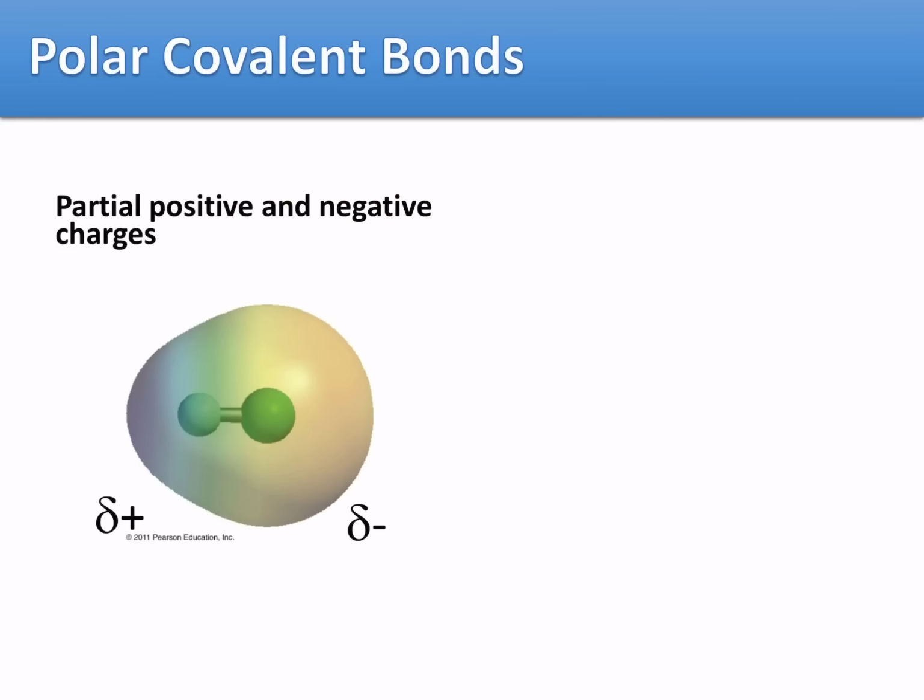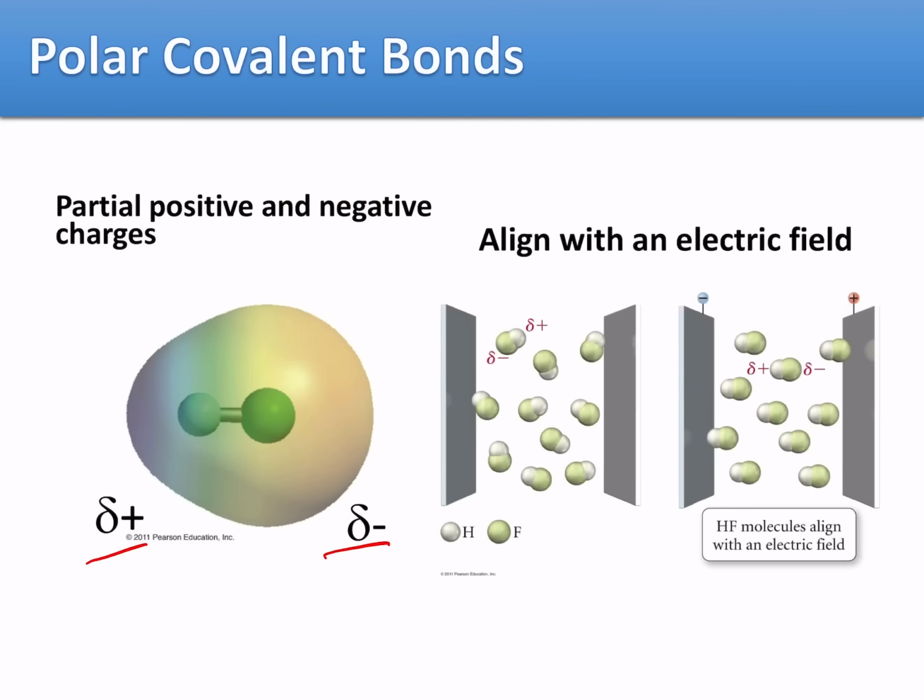Now, these polar covalent bonds, remember, partial negative charge, partial positive charge, you are creating a dipole. Think in terms of you are creating a magnet. And what's special about this magnet is that in the absence of an electrical field, they are just randomly moving around. But if you apply an electrical field, and let's call this a difference of potential here, then those dipoles will align with that electrical field.